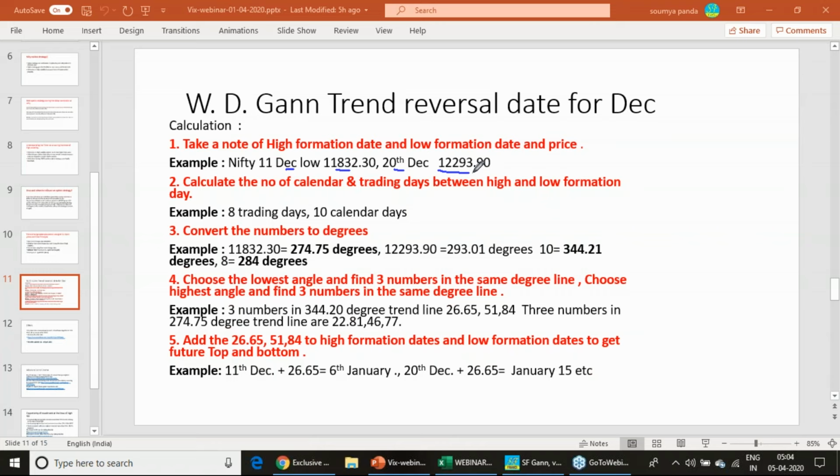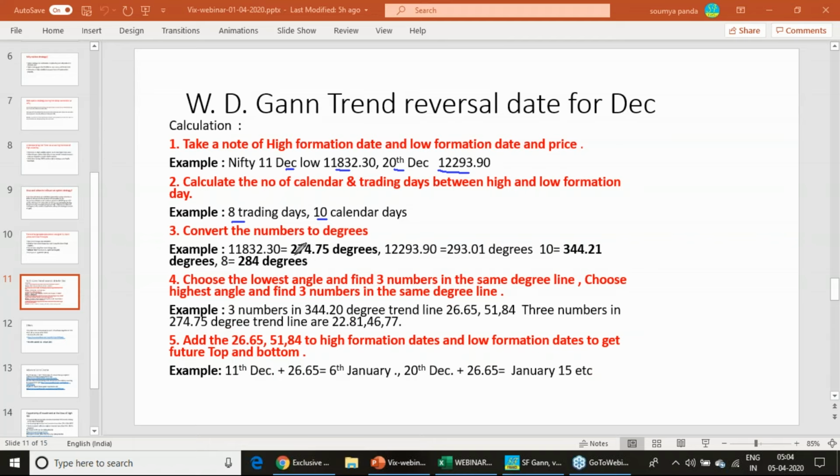Between this low on 11th December and high on 20th December, there are 8 trading days and 10 calendar days. Again I repeat, calendar days include Saturday, Sunday, holidays, everything. Trading days means the actual number of days it was traded.